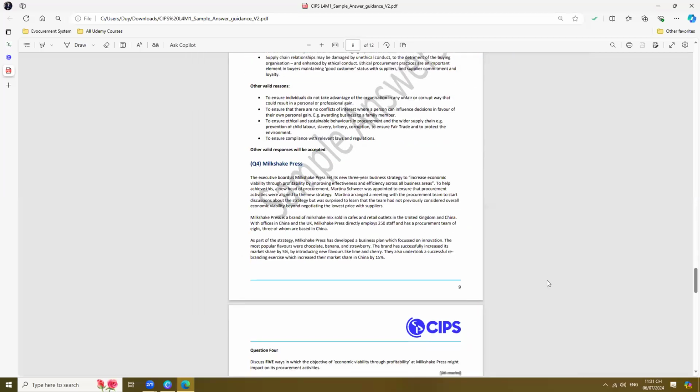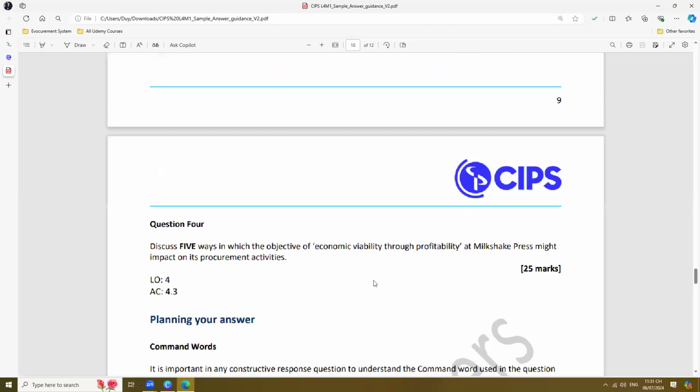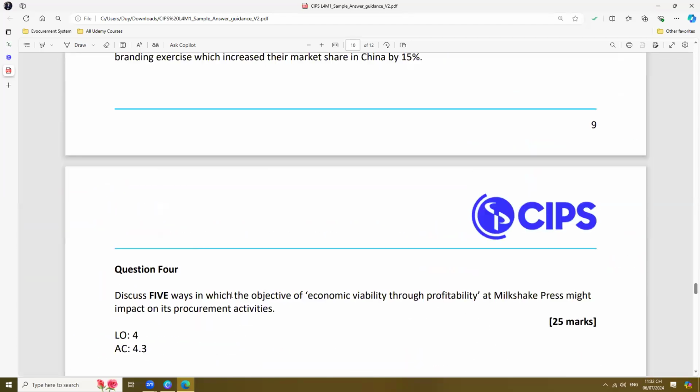Question number 4. We have a small scenario. The detailed scenario here is not very important, but let's focus on the question. Discuss 5 ways in which the objective of economic viability through profitability at Music Press might impact on its procurement activities. This is very typical SIP question wording, and I think this question provides a very good illustrative example.